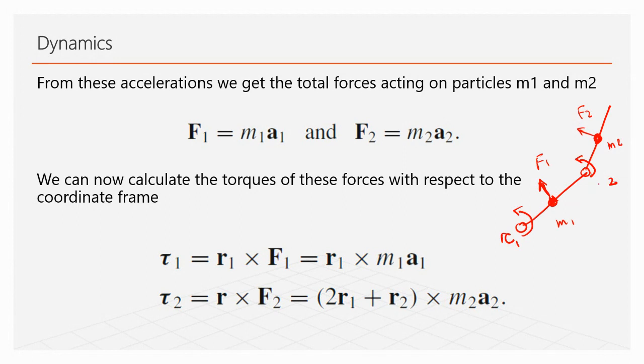To calculate this, I have to consider this vector r times f, the vector I have times f, to give me the torque. And for the second one, since I had this length, again will be long r, multiplied by f, which gives me this torque times m2 a2.